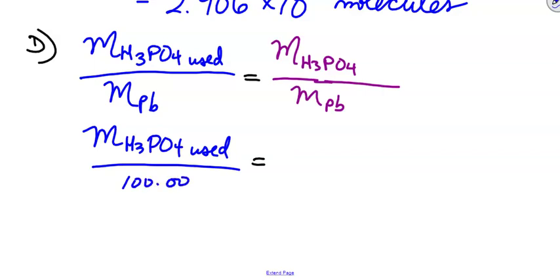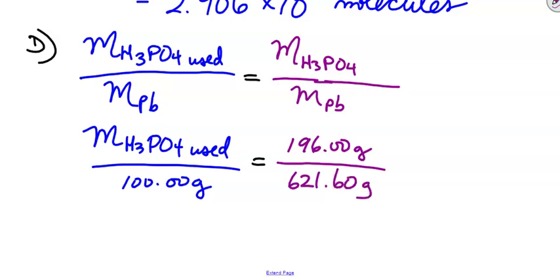So that all gets used up. 196 over 621. 31.53.